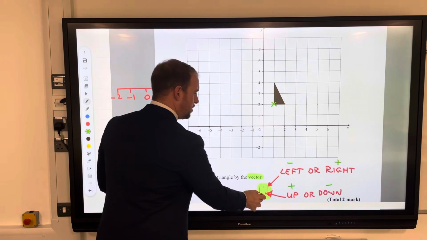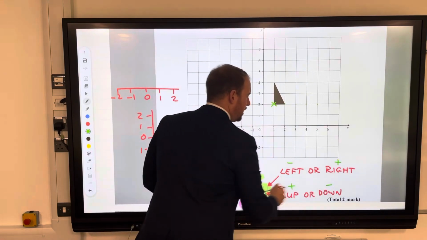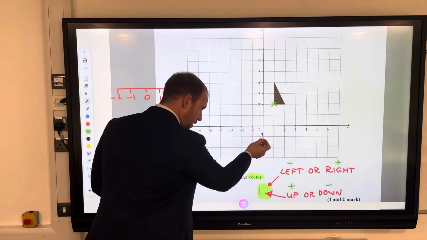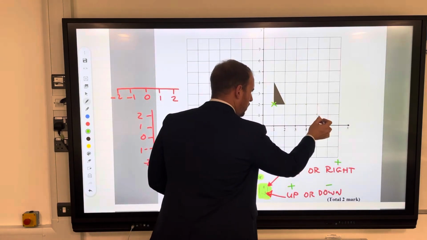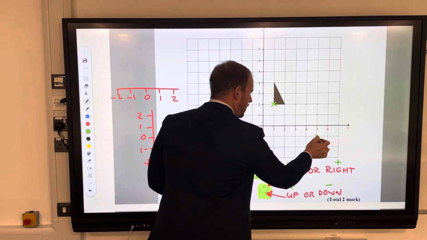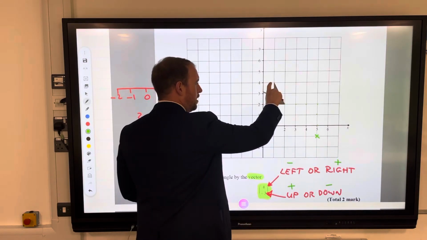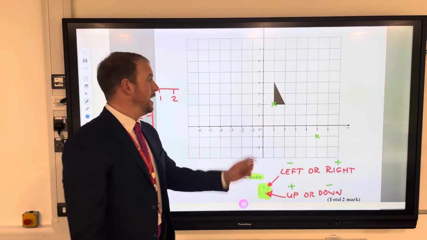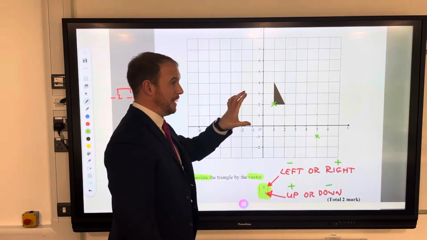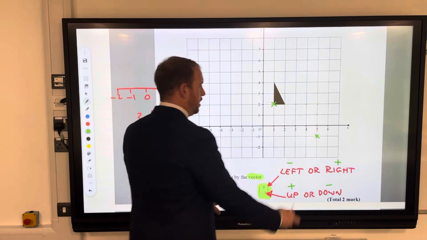I've got -3. Well, negative means going down because that's the number line here. So then if I go down 3 places, 1, 2, 3. So this shape now has to move down there, but it stays exactly the same size. It can't be rotated. Just pick it up as it is, pop it somewhere else.